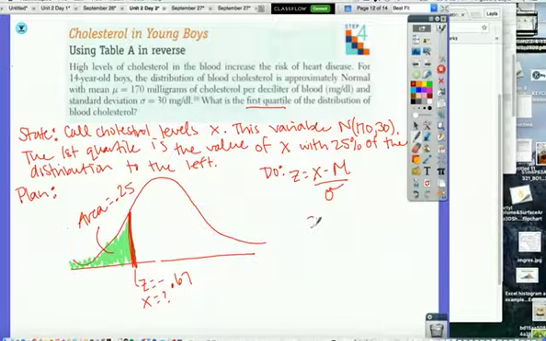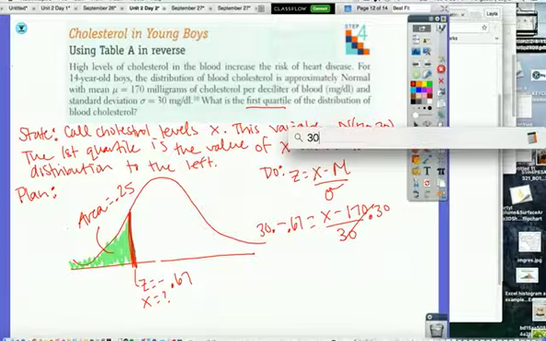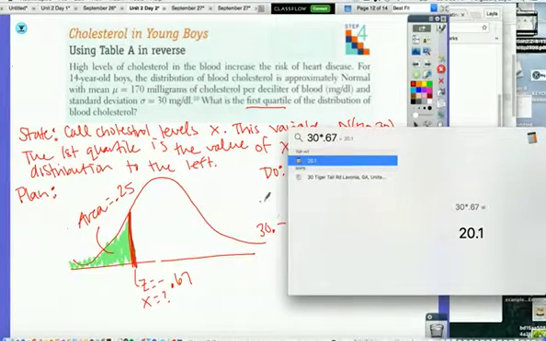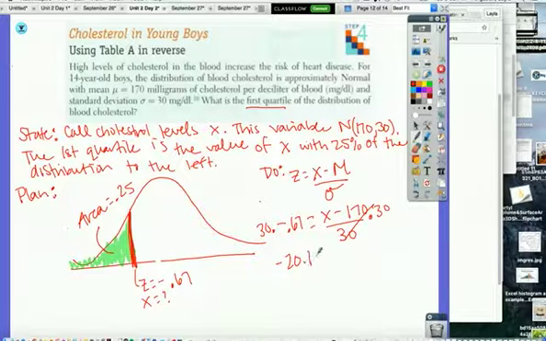But we know the mean is 170, the standard deviation is 30, and z is negative 0.67. So we would solve this equation for x. The first thing we would do is multiply both sides by 30 so that we could get rid of the fraction, and 30 times negative 0.67 would be negative 20.1 equals x minus 170.